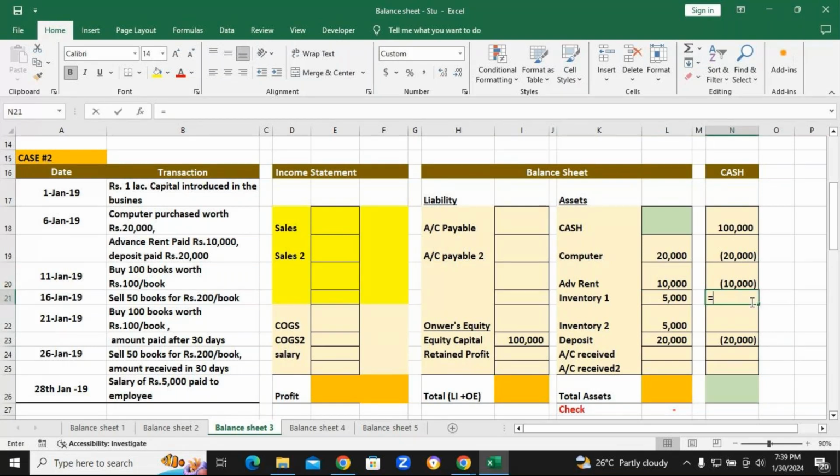Equals 1020. So that is 5,000 rupees I have paid. The first time when I bought the books, I have cleared the amount. Another one is payable. I am yet to pay.